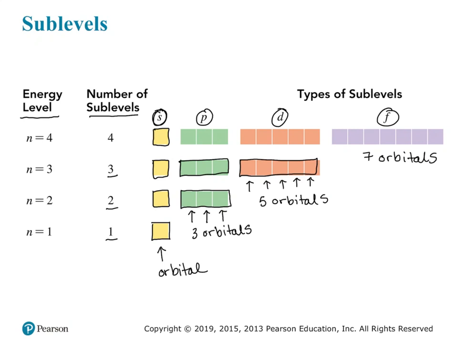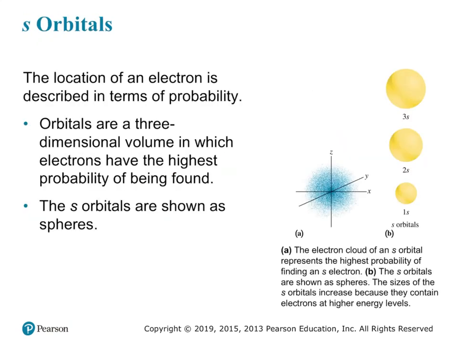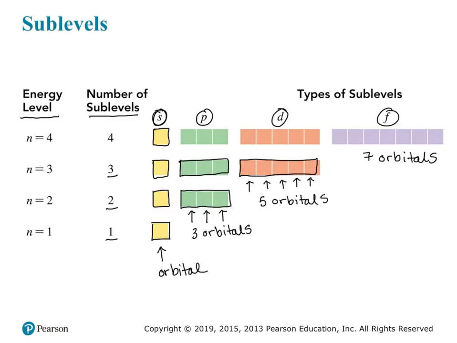So what are orbitals? So orbitals are going to tell us the probable location of an electron. So orbitals are actually telling us the orientation of an electron, essentially.